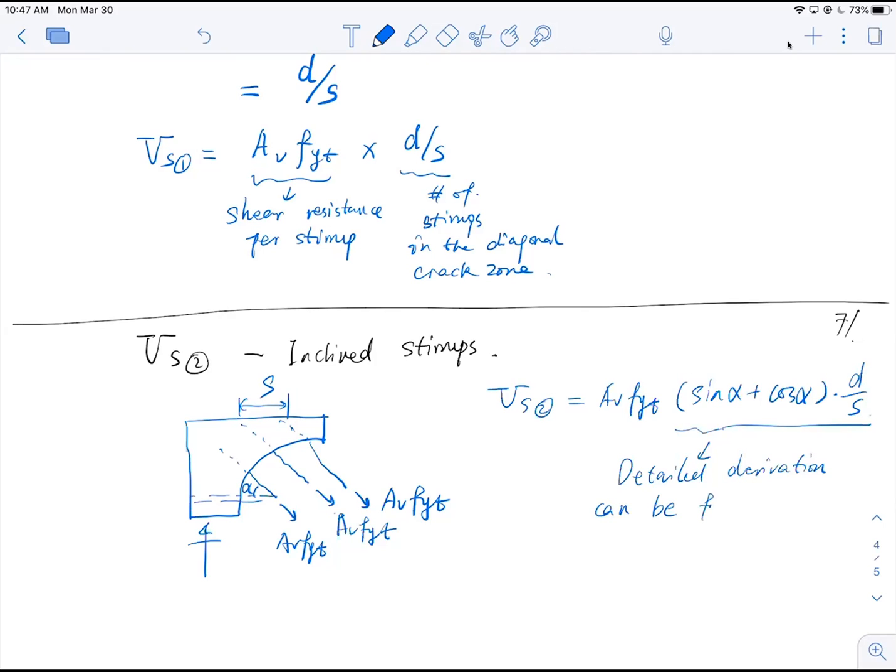We are not going to cover it here because it's out of scope, and we'll talk more later if you're interested. So if it's inclined, the equation becomes this.